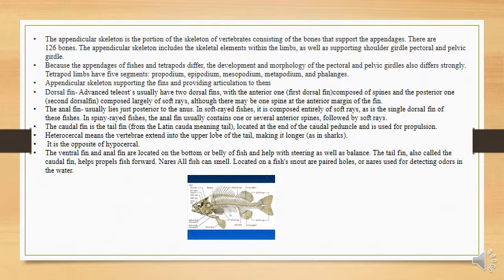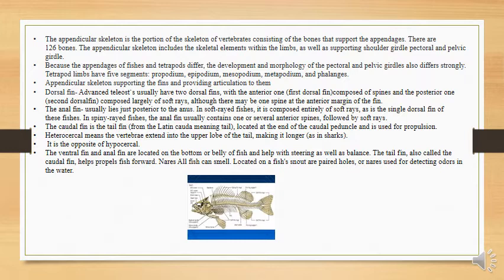The caudal fin is the tail fin, from the Latin cauda meaning tail, located at the end of the caudal peduncle and is used for propulsion. Heterocercal means the vertebrae extend into the upper lobe of the tail, making it longer, as in shark. It is the opposite of hypocercal.